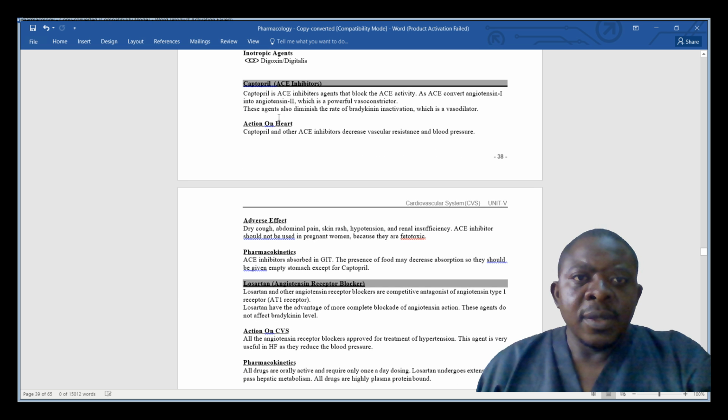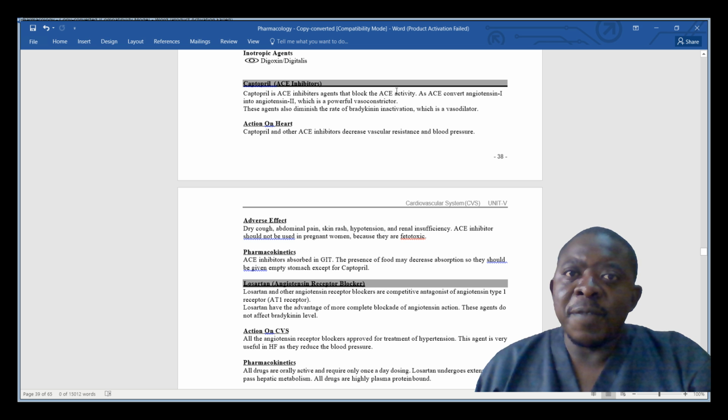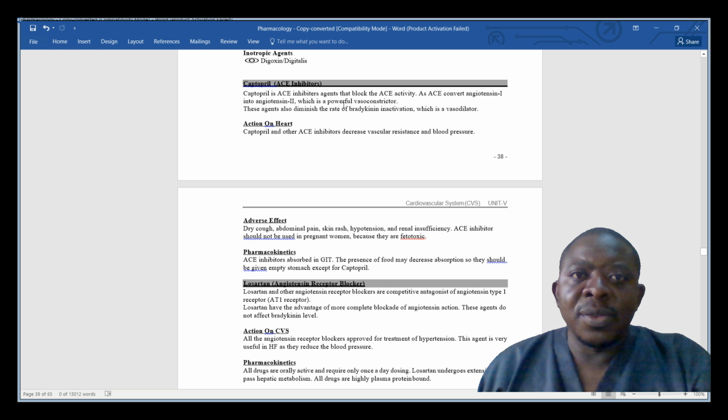So ACE inhibitor captopril is an agent that blocks the ACE activity. That is what we are referring to when we say ACE, the angiotensin converting enzyme. ACE converts angiotensin 1 into angiotensin 2, which is a powerful vasoconstrictor.